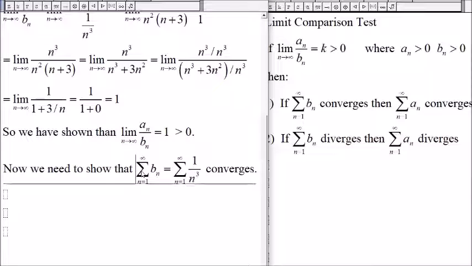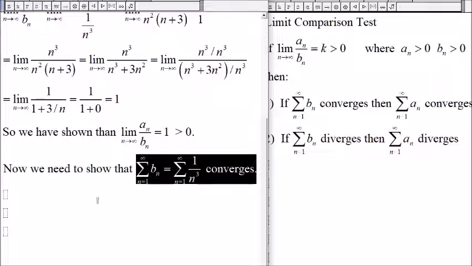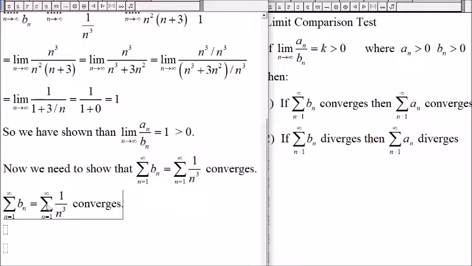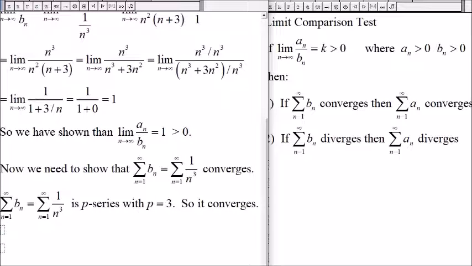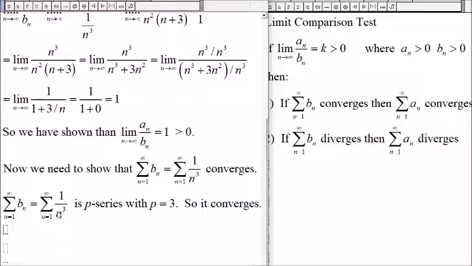Notice that this is a P series with P equal to 3, so it converges. Recall that if we have a P series and P is greater than 1, then the series converges.